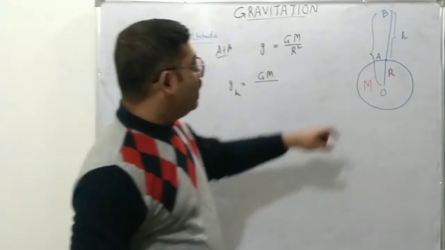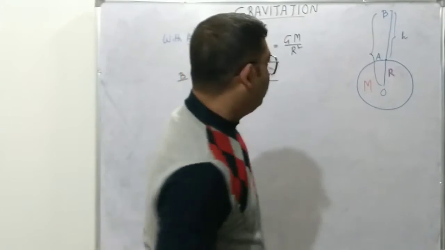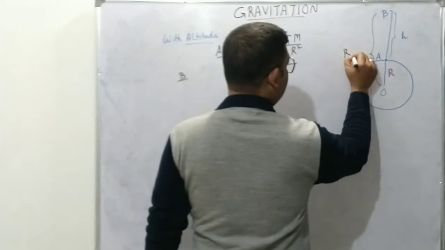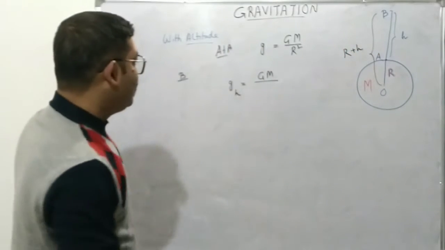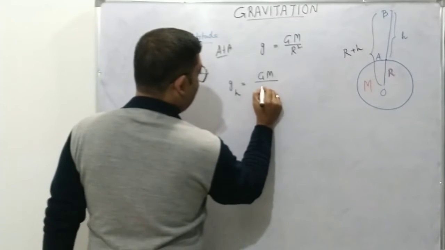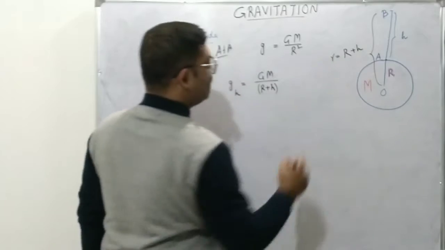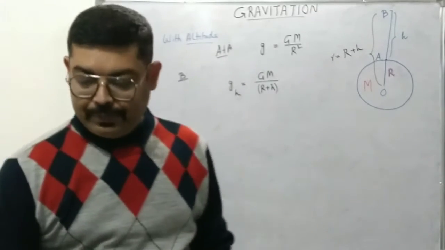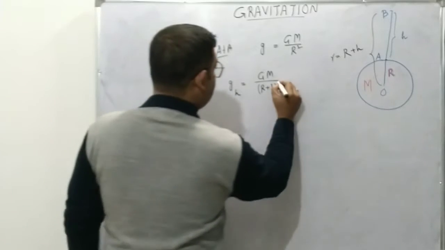That is to say, the distance of the point B from the center of the earth, which clearly is the radius of the earth plus the height or altitude of the object. So gh will be GM by R plus h whole squared, where the center to center distance is R plus h.